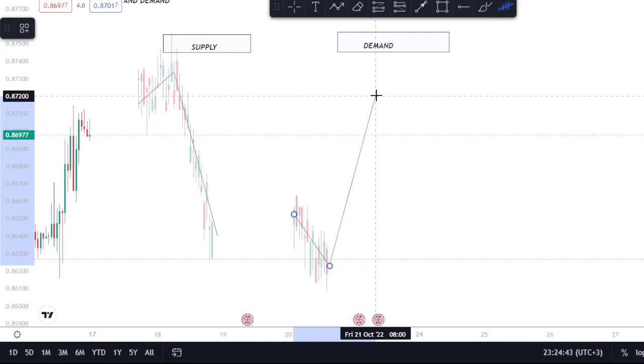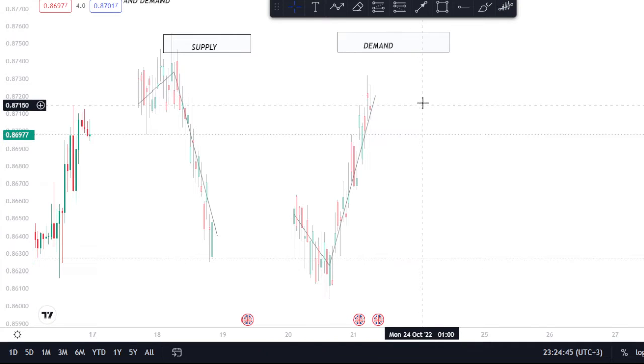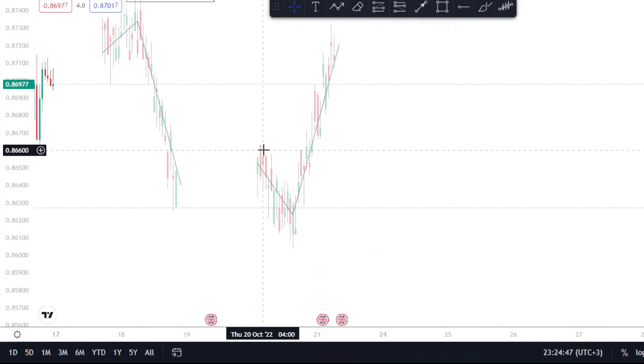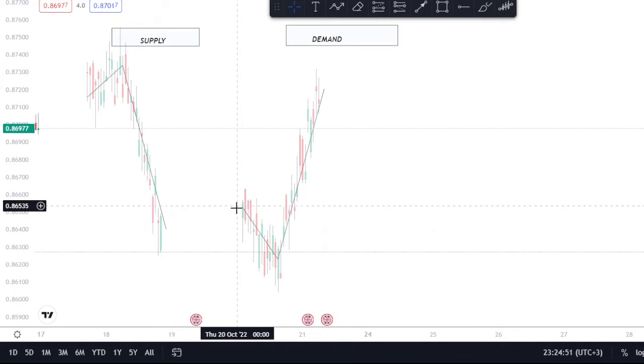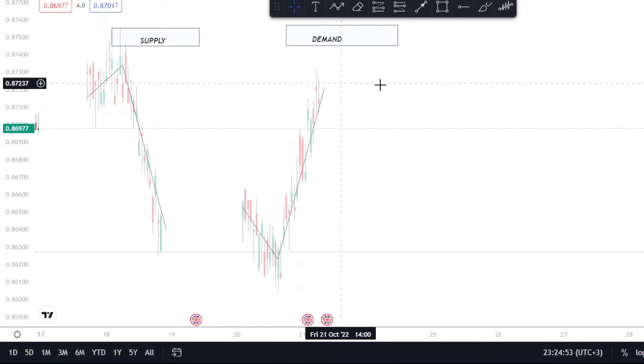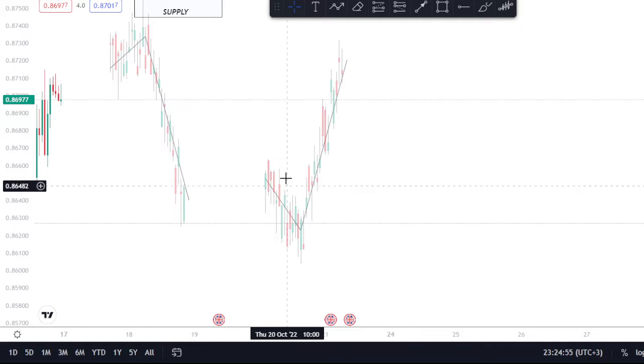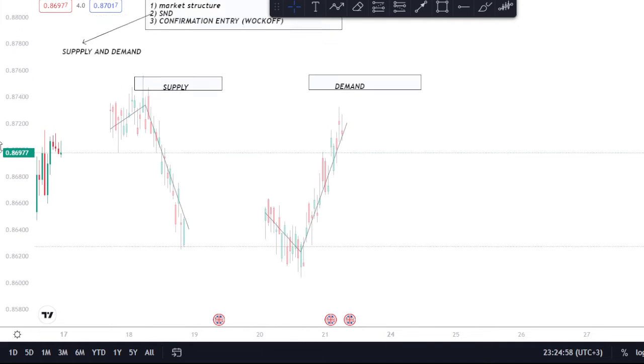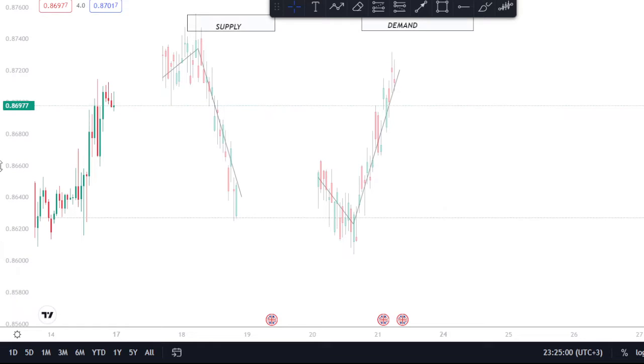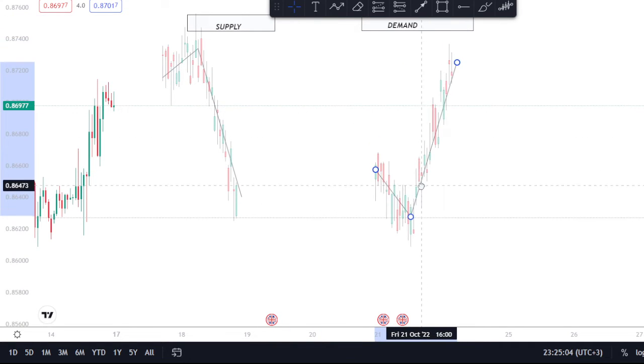But by the time they come into the market, the last move that was done by the sellers before these buyers came in, this zone is what you call the demand zone.